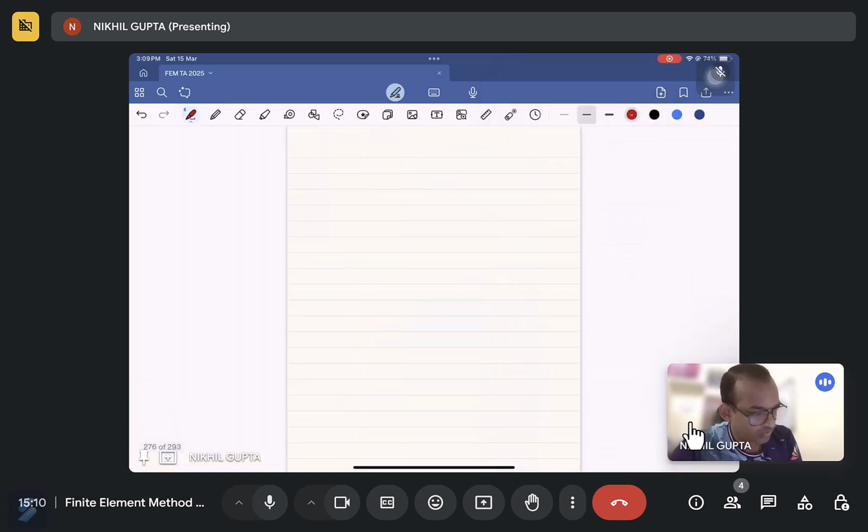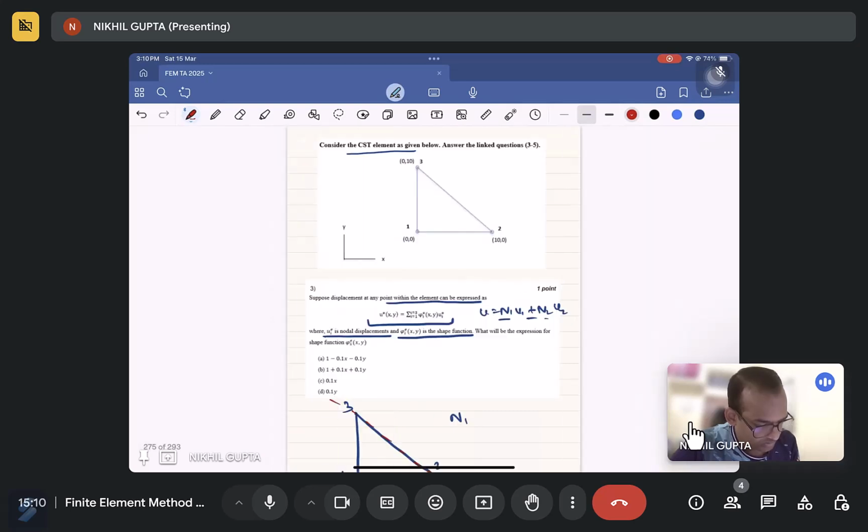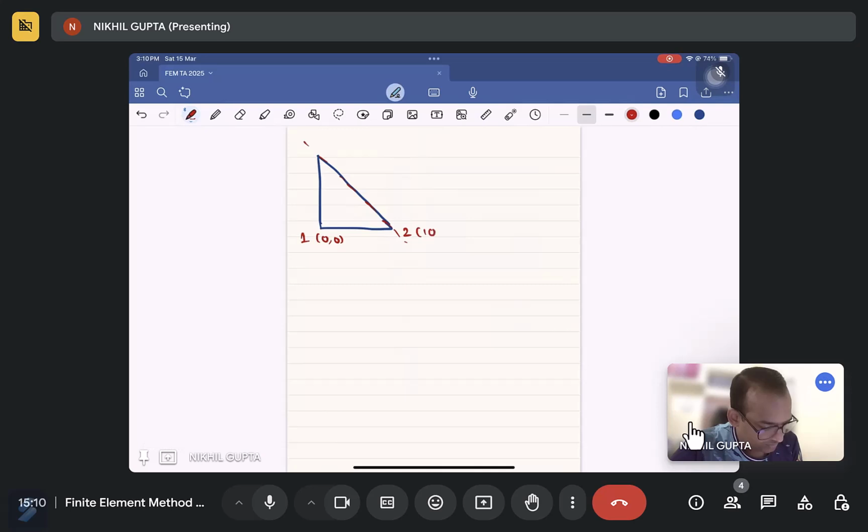What will be the equation of this line? Node 1 is (0, 0), node 2 is (10, 0), and node 3 is (0, 10).